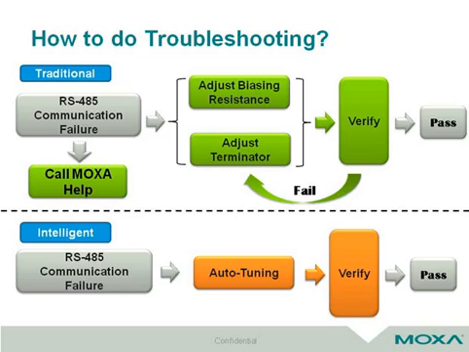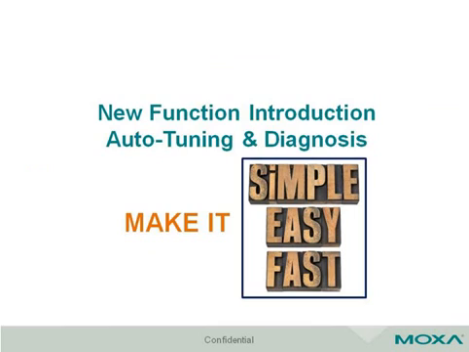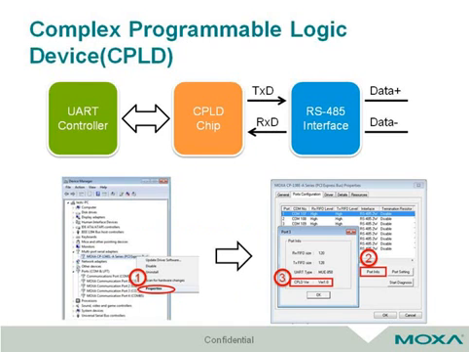We will learn in the following slides. In the following slides, we will focus on the new functions, auto-tuning and diagnosis. And our purpose is to make troubleshooting simpler, easier, and faster.